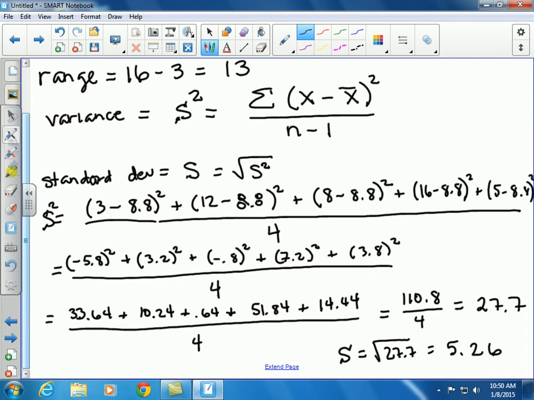So our standard deviation is 5.26, and we would typically use that as a real measure of the spread of the data. I wanted to do this example so you could see one done by hand. Of course, we do them in lab as well, where you don't compute by hand, but it's important to see all the steps of the order of operations. Be very careful when you compute the standard deviation by hand.